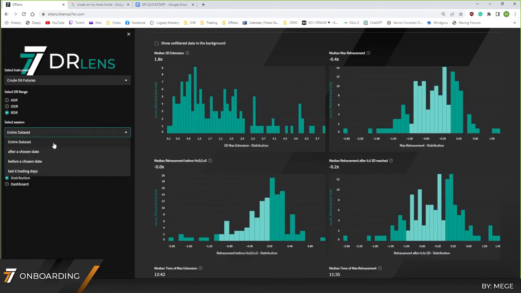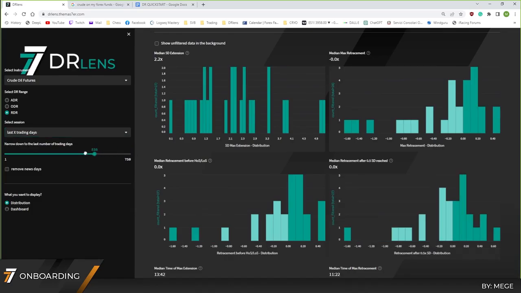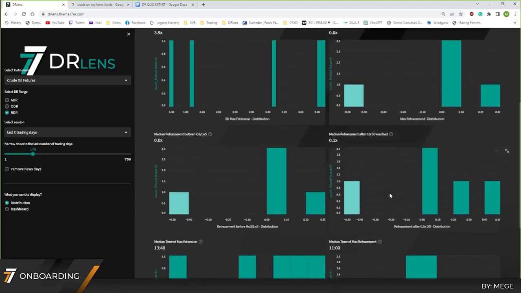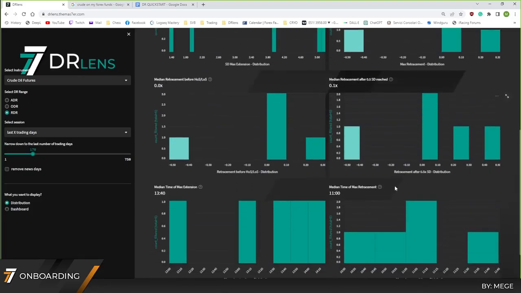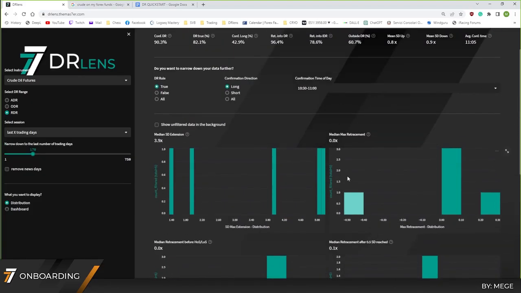Most of the time we just keep the entire data set, or if we want to do the backtesting like you were doing, you would do before a chosen date, or you could say after 2010, for example. But I would not use this feature to come up with backtesting solutions. You see, this is just too sparse.